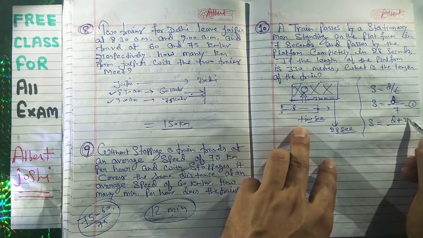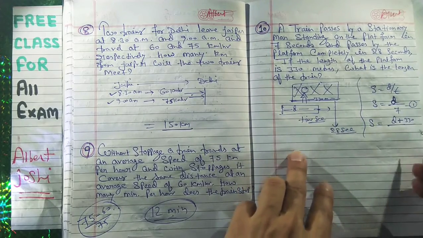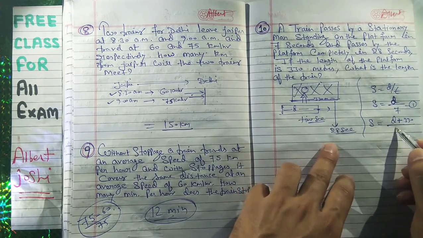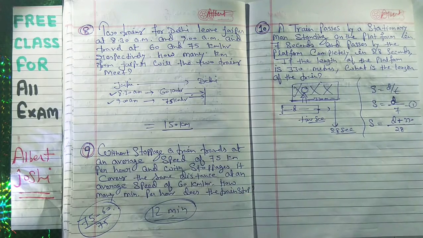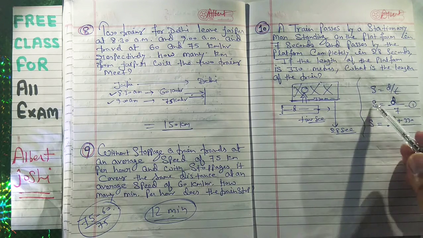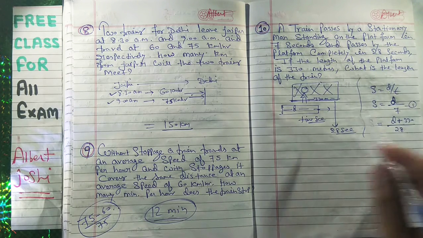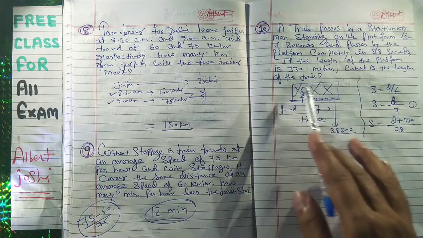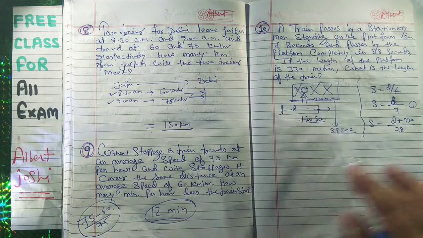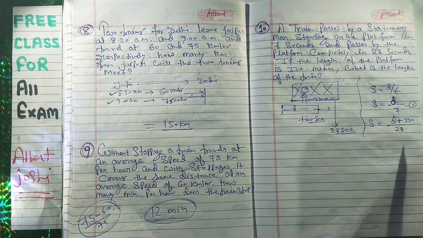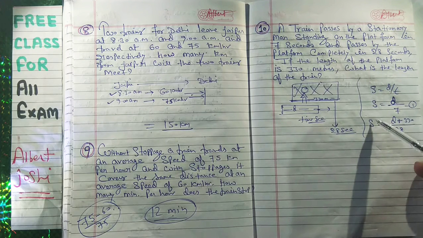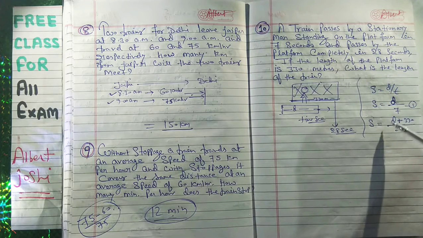So your length of the platform is 330, and your time is 28 seconds. He has given us length in meter and time in second, so your speed will come in meter per second.